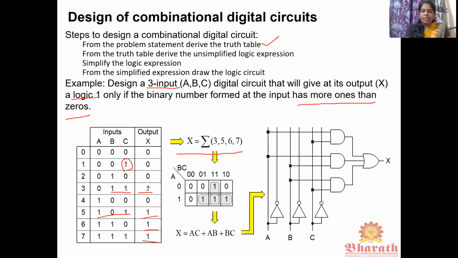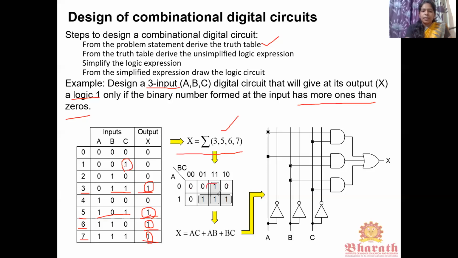Take only the ones value. 4 terms we are having. So 3, 5, 6, 7. Then we have to draw the K map. 3, 5, 6, 7. 0, 1, 2.